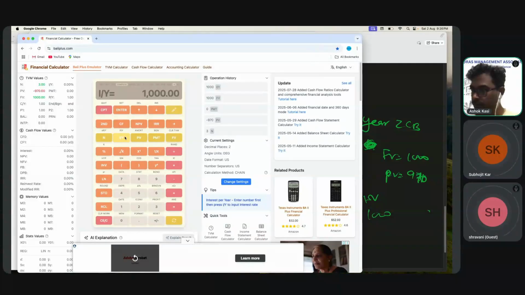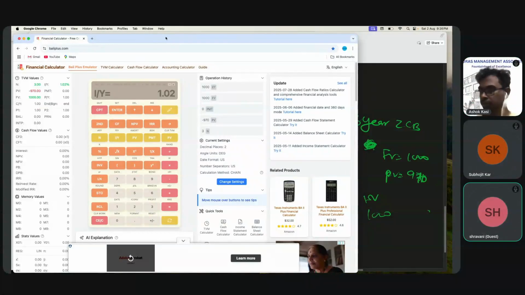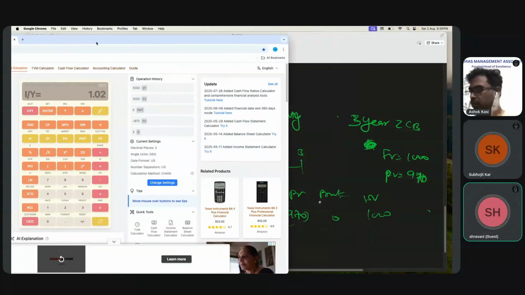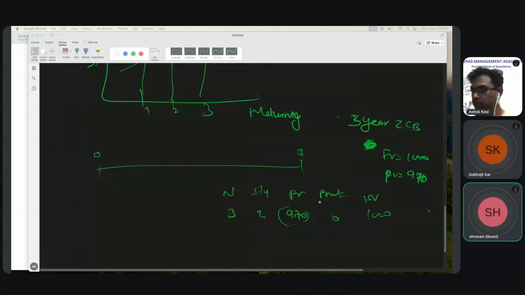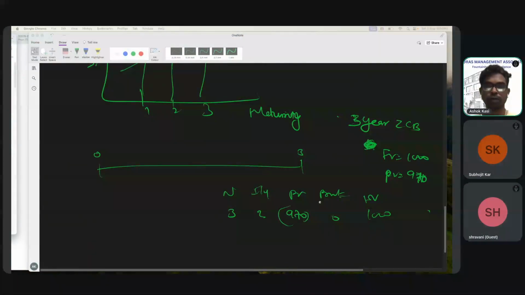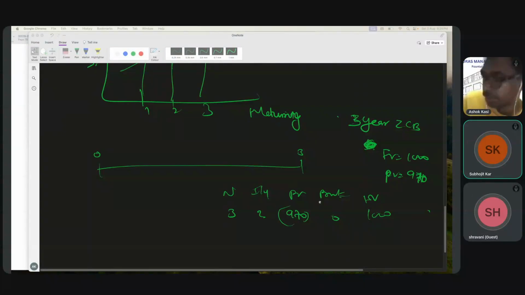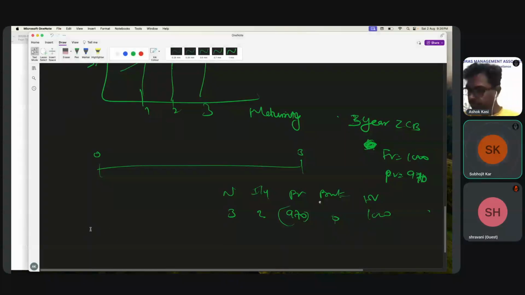Compute IY: 1.02 percentage. Beginning mode is not required now; by default it is always on ending. It will come in quantitative methods, but now it is not required. Just calculate like this.